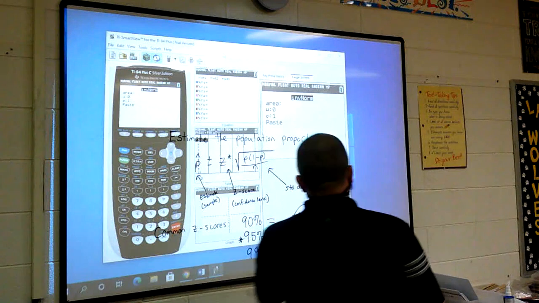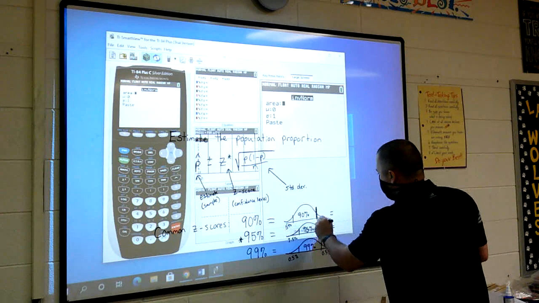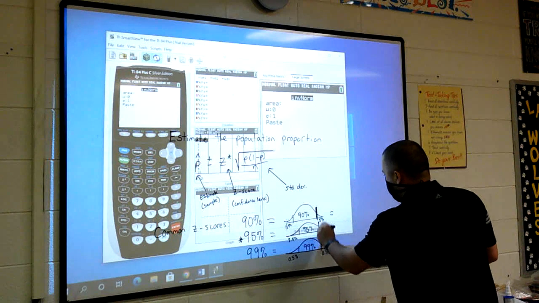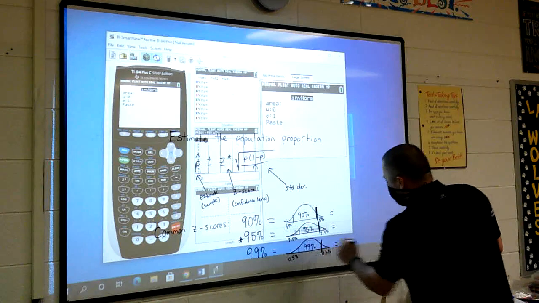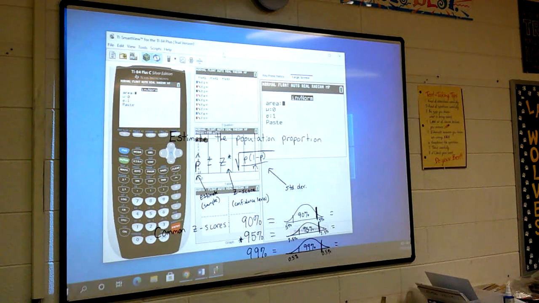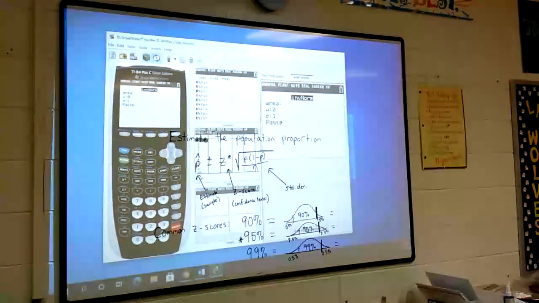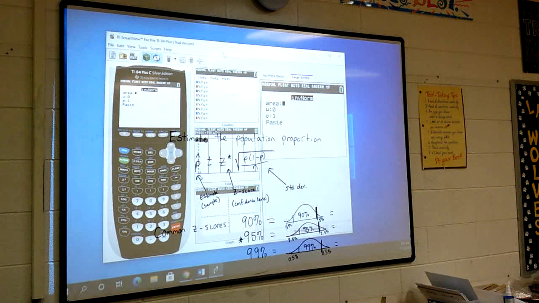My confidence level ends right here on each of these. So the area is always the area to the left. For 90%, the area to the left of that line is actually 0.95, because it's that 90% and the 5% that we're unconfident about.